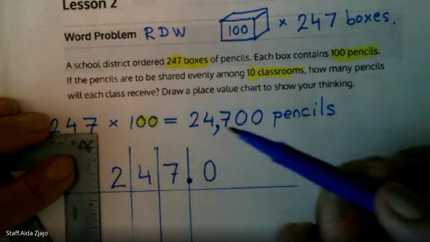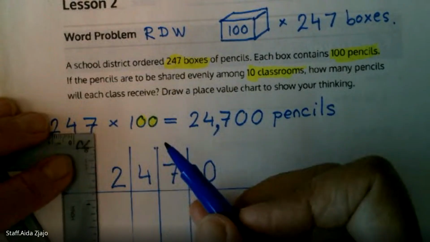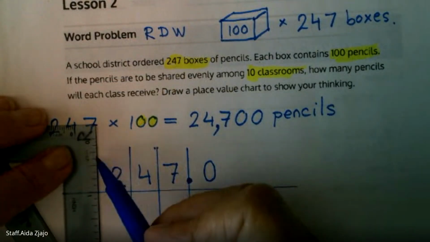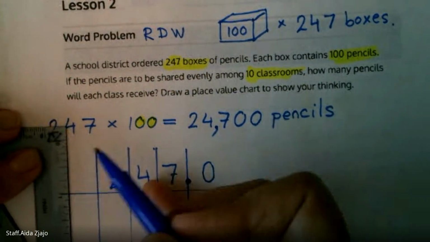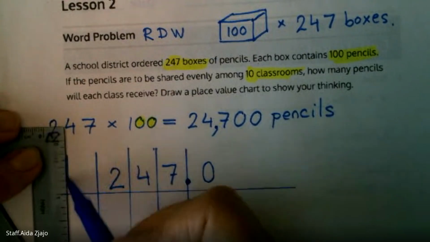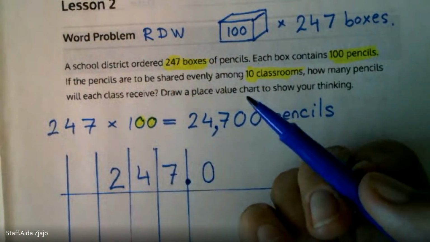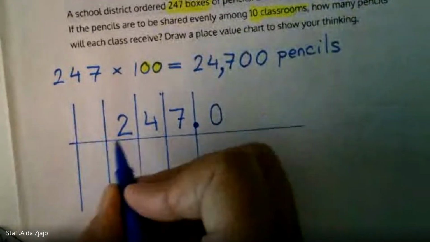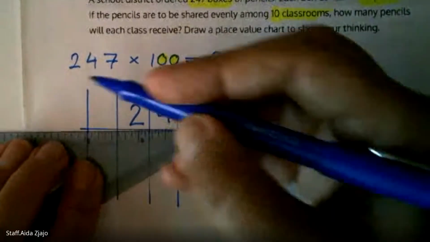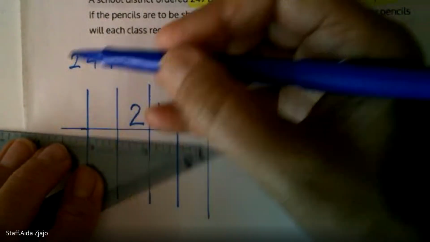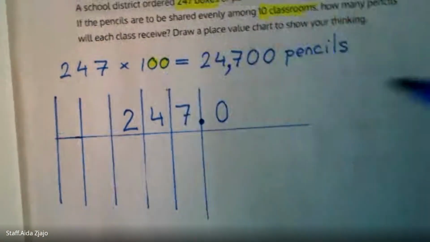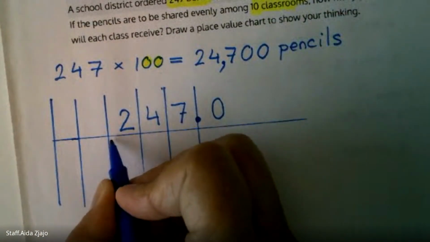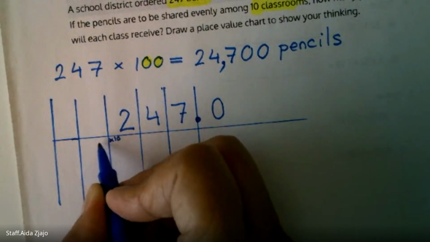Because the number is going to get 100 times bigger, it is going to move 2 place values. So if I multiply by 10, the 2 will be right here.